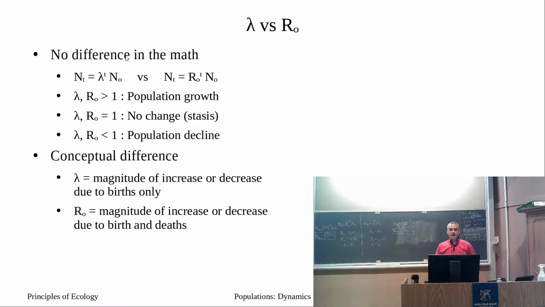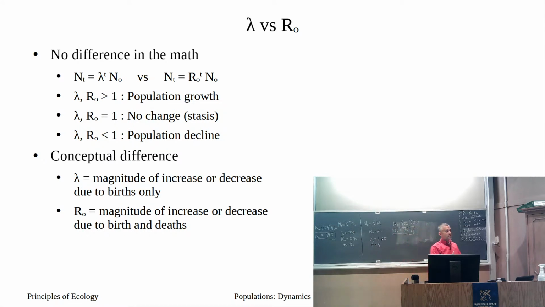Mathematically, there's really no difference in these two terms, the finite rate of growth or the net reproductive rate. It functions the same, and you can see it's the exact same equation, just a different letter, R naught versus lambda.